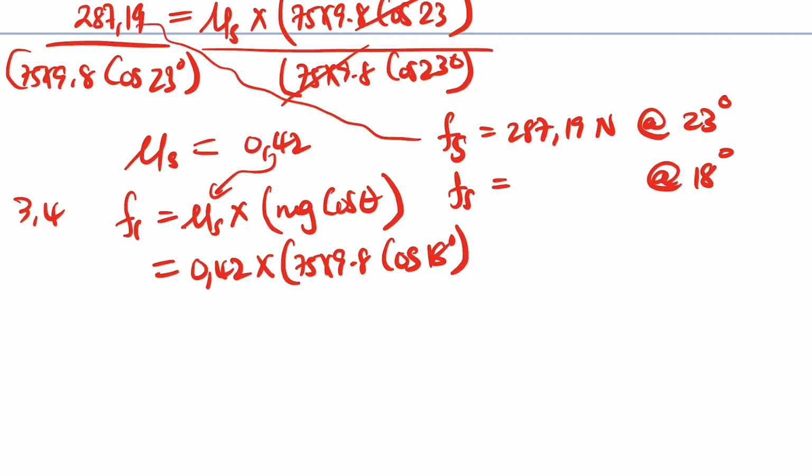I'll say 0.42 times 75 times 9.8 times cos 18. So at 18 degrees, it's going to be 293.59 newtons.